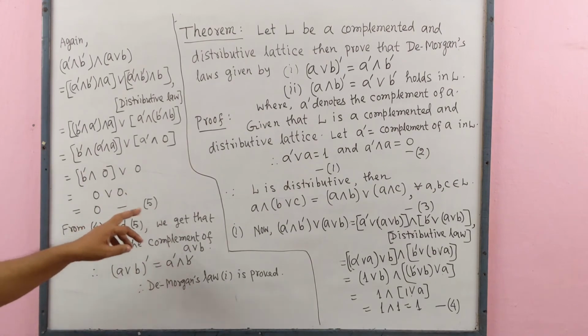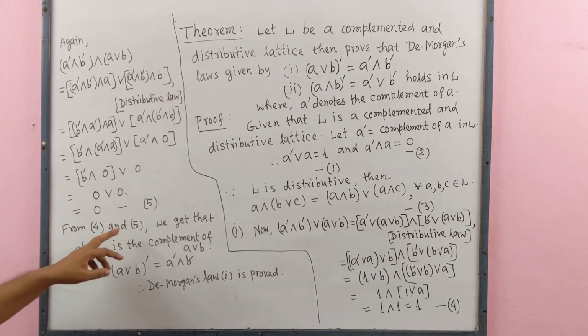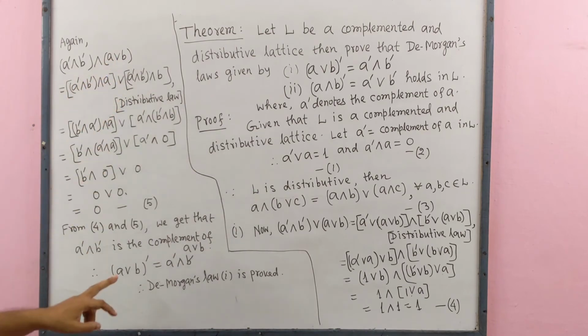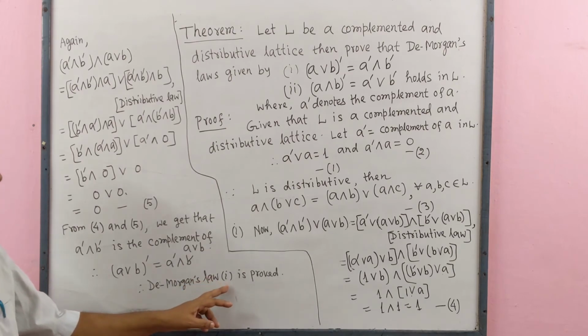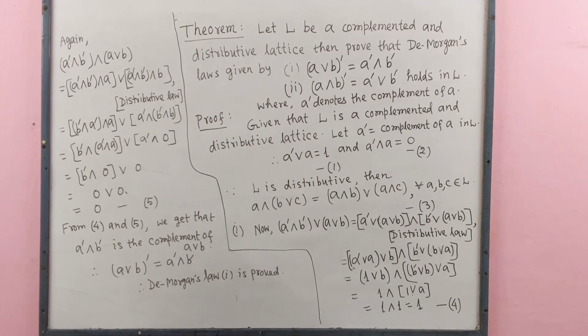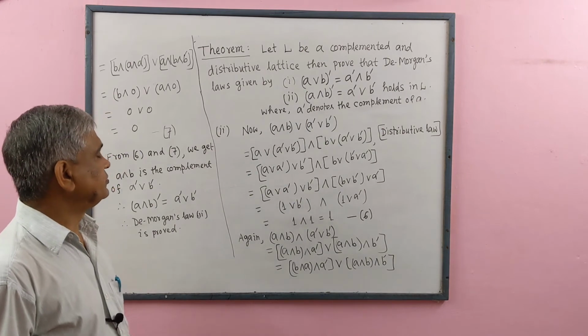Therefore, from 4 and 5, we get that A prime meet B prime is the complement of A join B. That is, (A join B) whole prime equals A prime meet B prime, which is De Morgan's first law, and that is proved. Now we prove the second De Morgan's law.